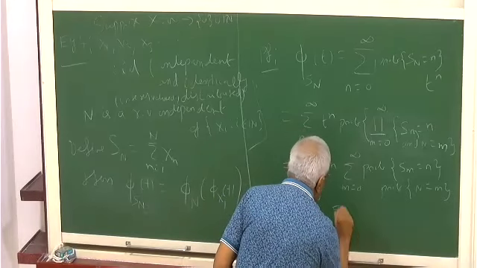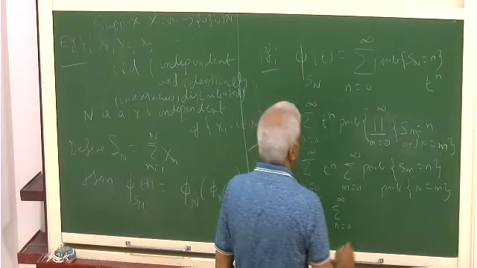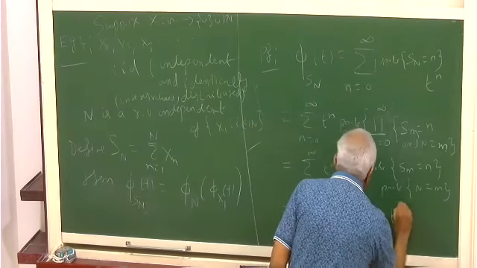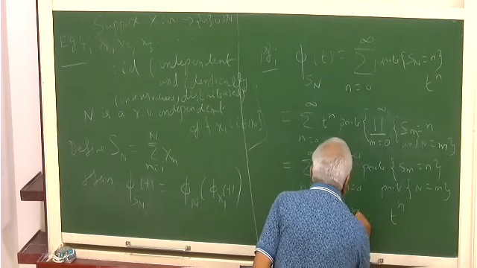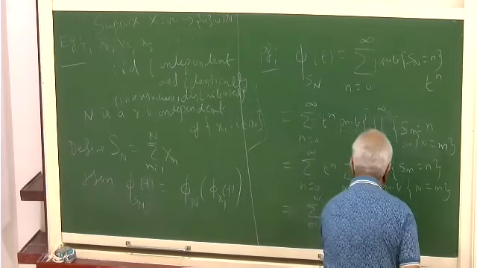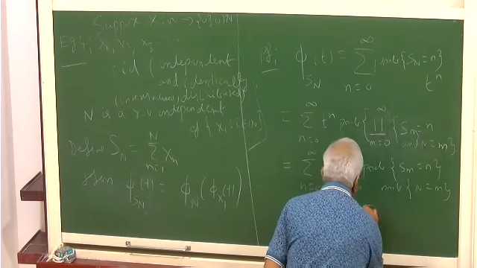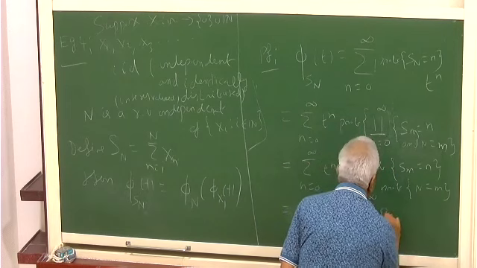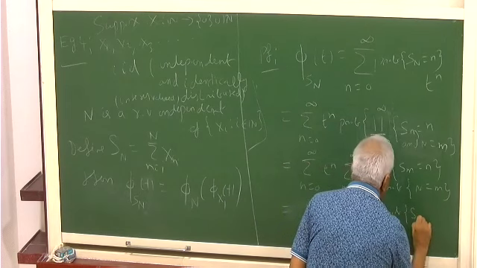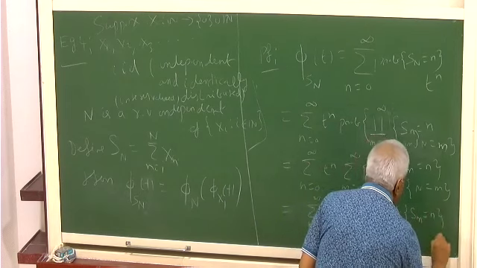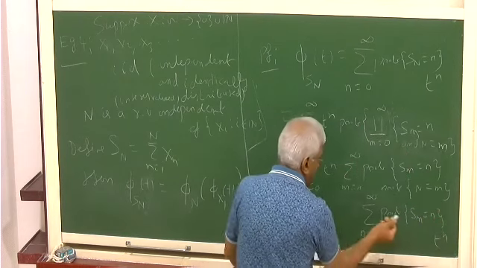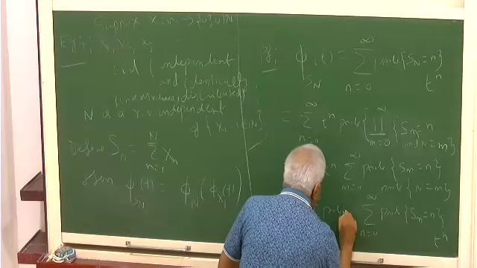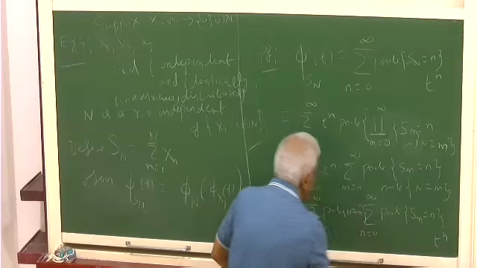You have a t power n here, and then probability of S_m equal to n, t power n, and then there is no n in this, so this is just probability of N equal to m.